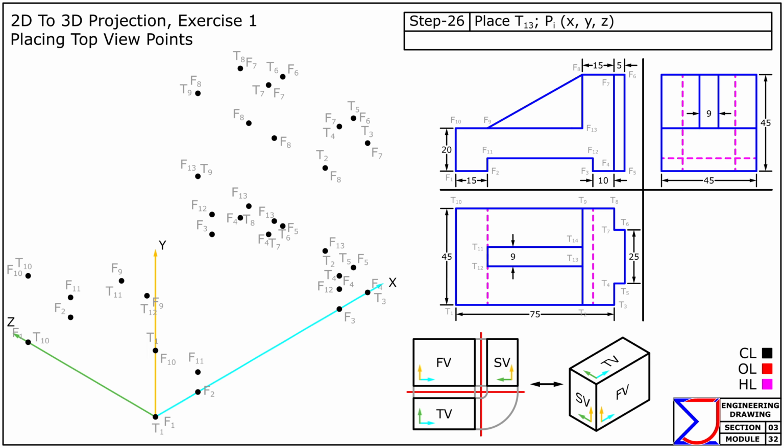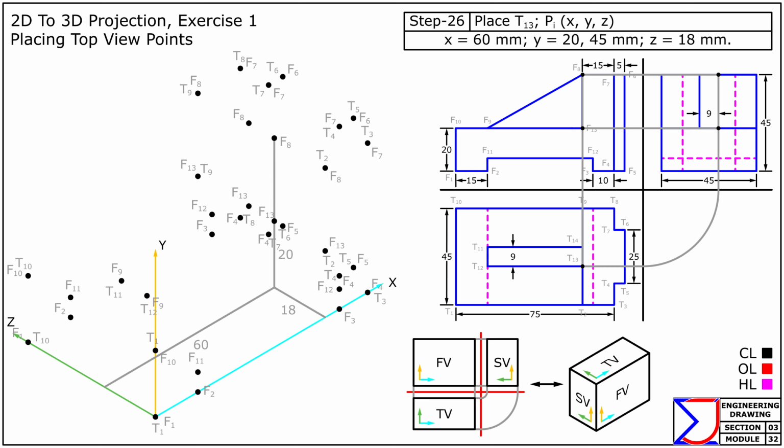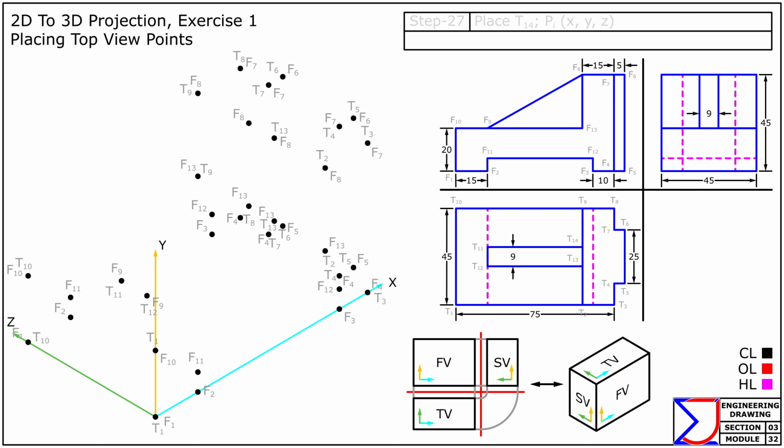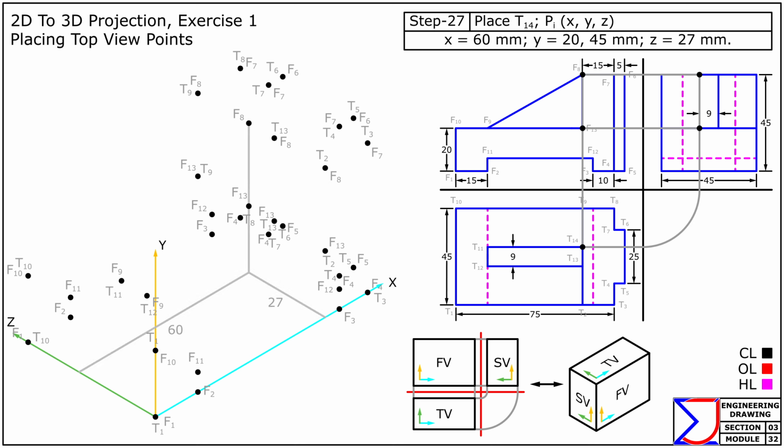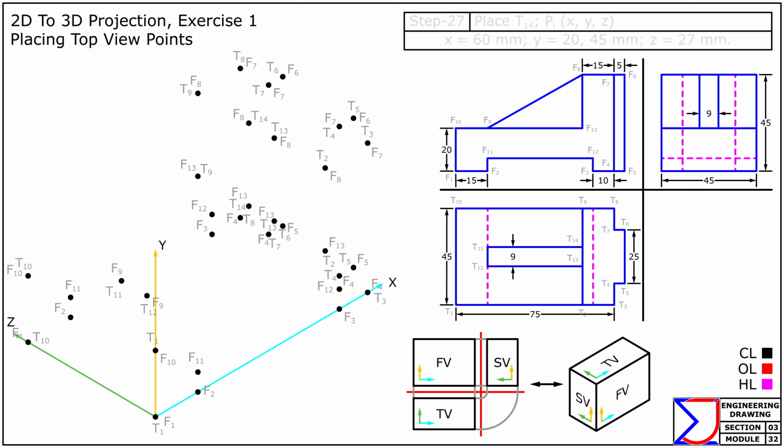Place point T13. Place point T14. Okay, we have successfully placed all the points of the top view. We can now proceed to placing points from the side view. First, label each point randomly in the side view.